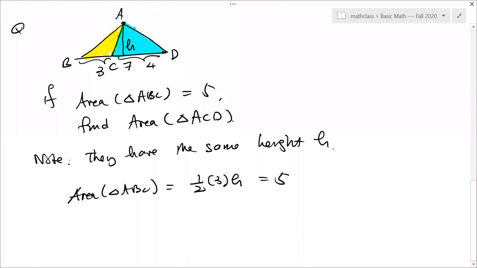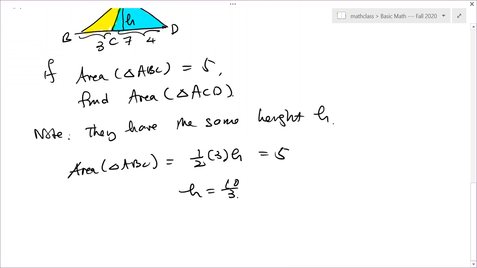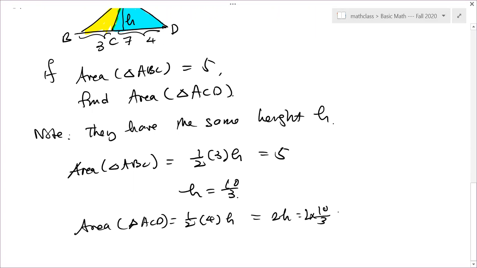From here you can get H. H is going to be 10 over 3, right? Then you can find the area of the other one, triangle ACD, where the base is 4 and the height is still H. So you get 2H, and H is 10 over 3, so it's 20 over 3.